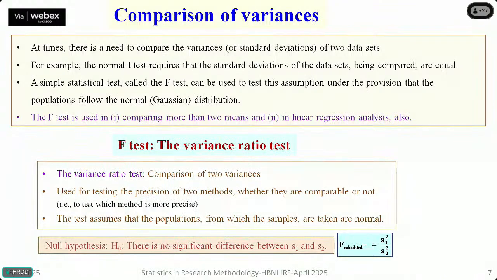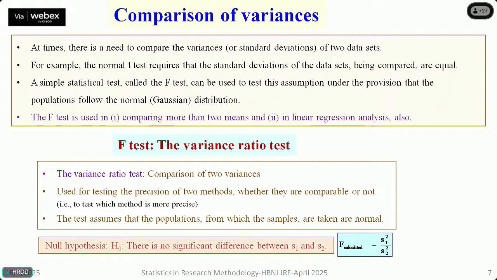Similar to the T and Z tests, we had seen that when two quantities are compared by this particular parameter, if they are identical, then we say that the null hypothesis stands. That means they are comparable. If at all one of them is very large, then we say that the alternative hypothesis is valid.